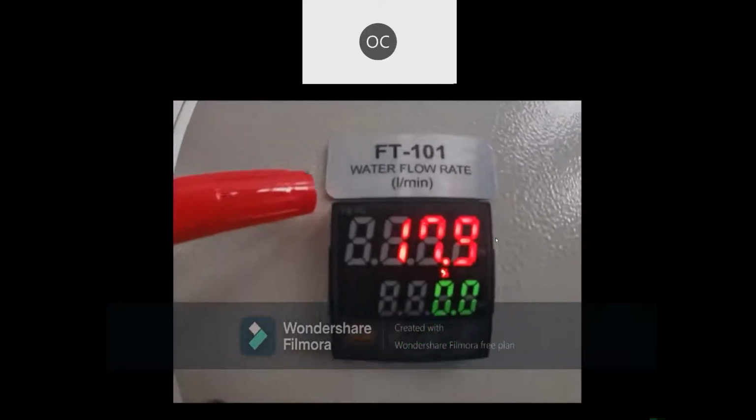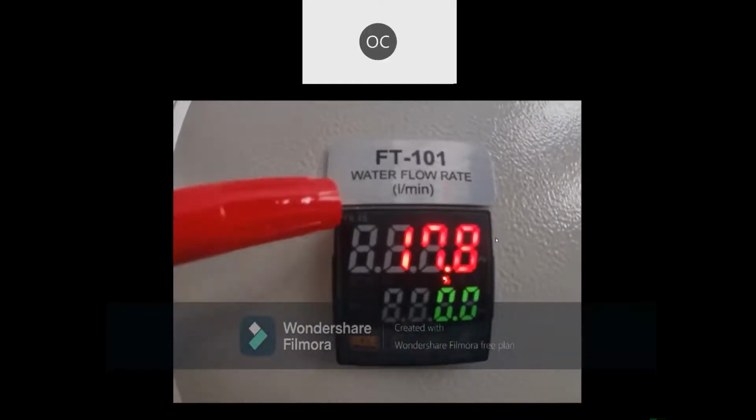The digital meter here shows the flow rate, in liters per minute, 1.79 liters per minute currently. The differential pressure shows 0.2 kilopascal.